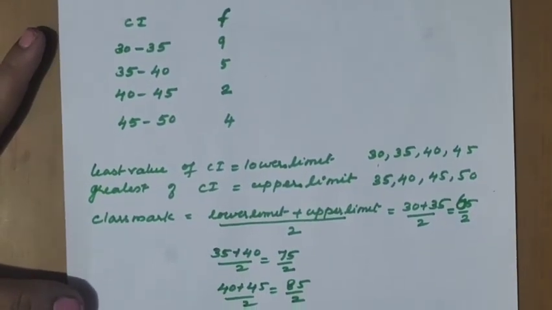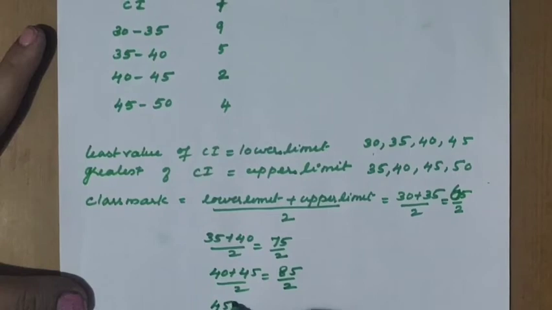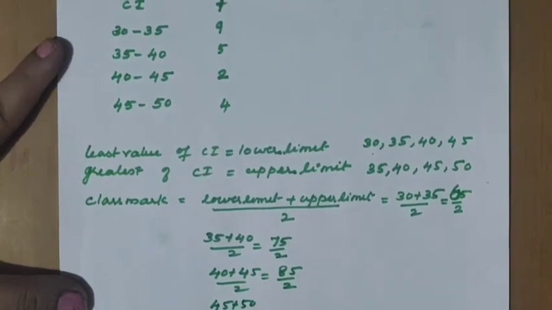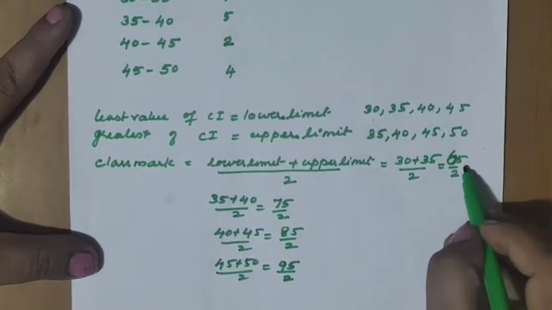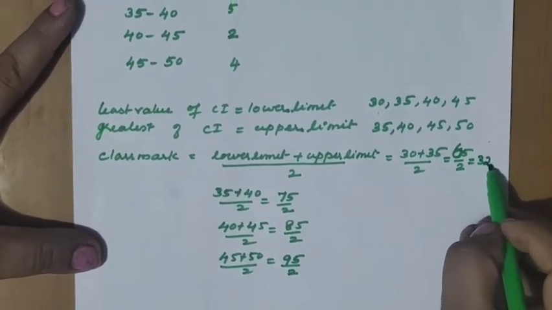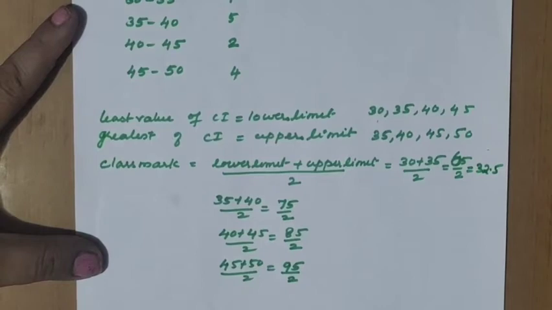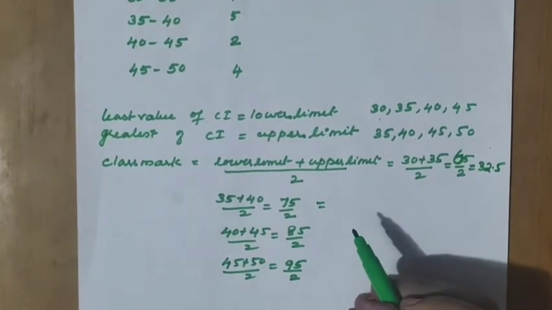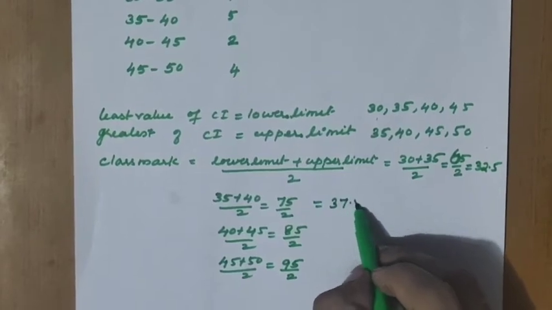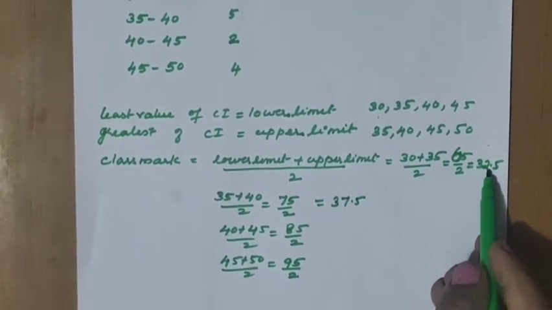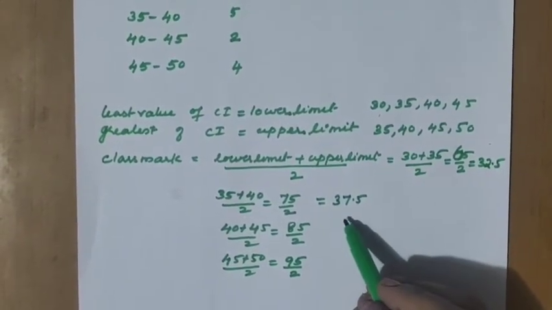One more we have to write, I'll write that also. 45 plus 50 divided by 2 equals 95 by 2. So what are the answers we are getting here? 65 by 2 is 32.5. Next, 75 by 2 is 37.5. Now you can see that between 32.5 and 37.5 the difference is 5.